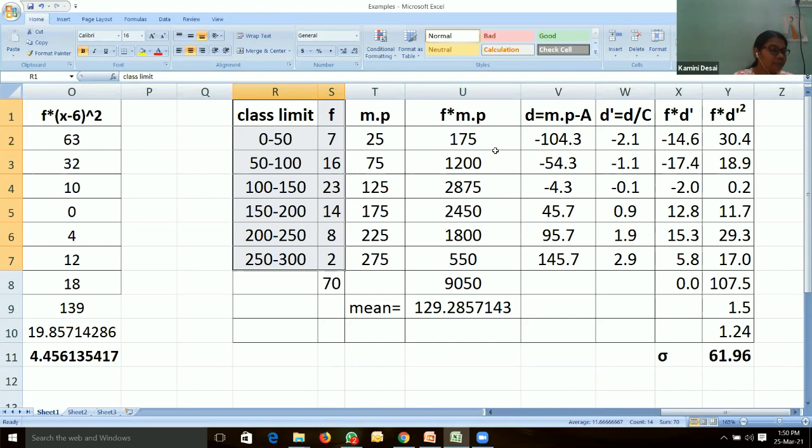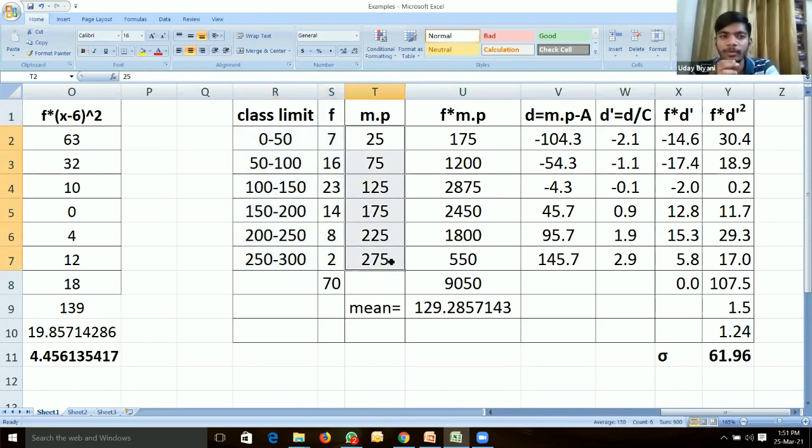Enter the data. Then what is this next column? 25, 75, 125.